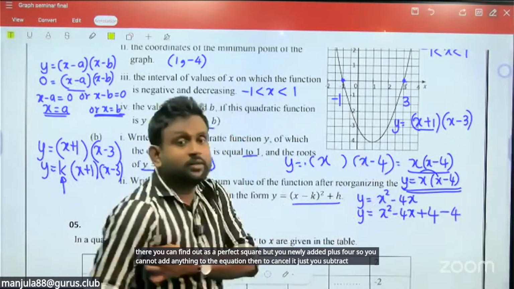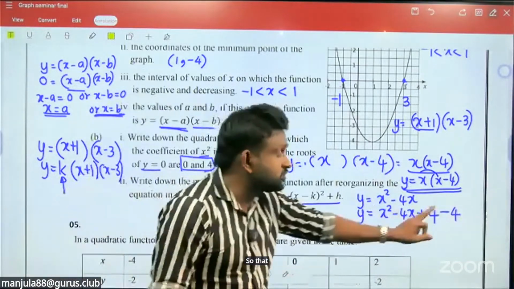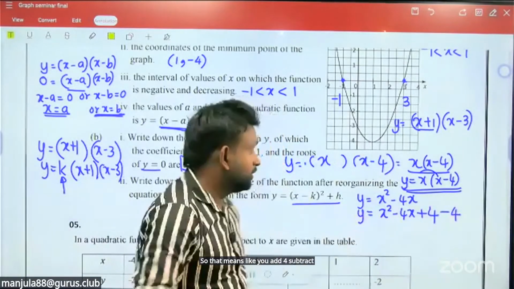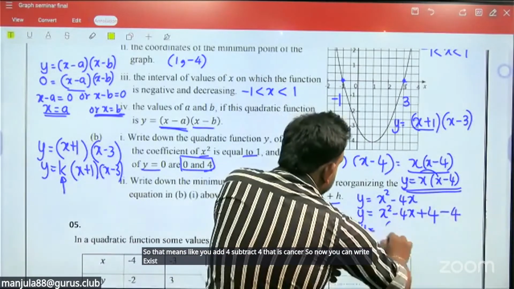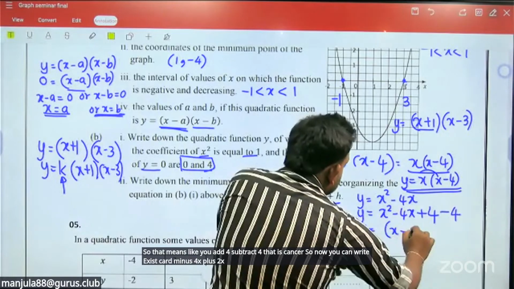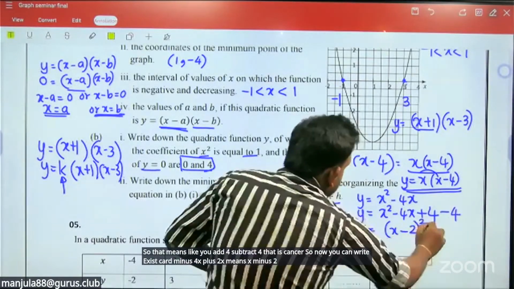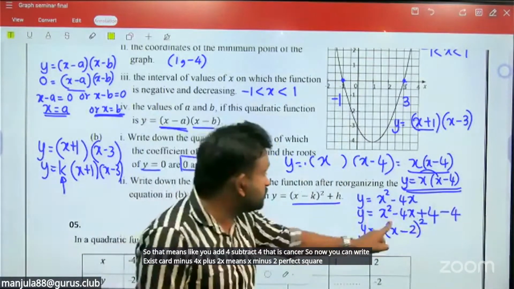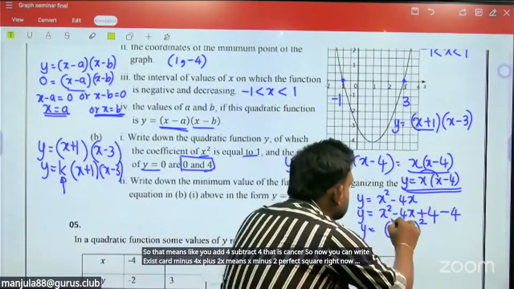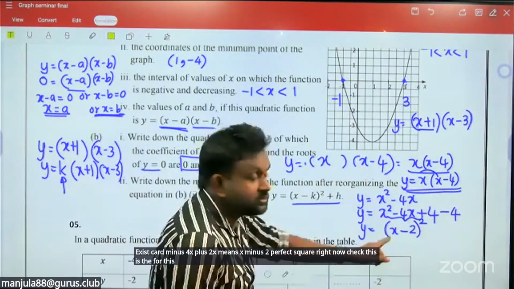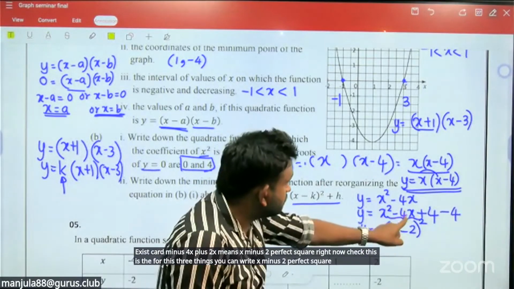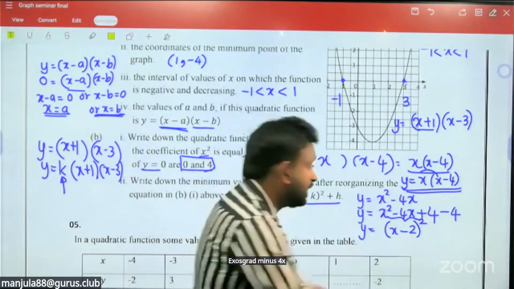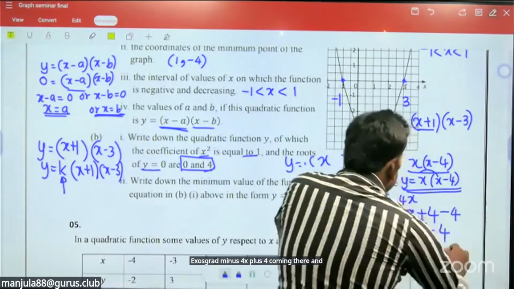So you add 4, subtract 4, that cancels. Now you can write x squared minus 4x plus 4 as x minus 2 perfect square. Now check, for these three terms you can write (x minus 2) perfect square. x squared minus 4x plus 4 is coming there, and here minus 4 is there already.